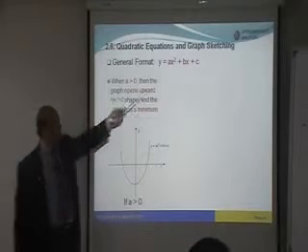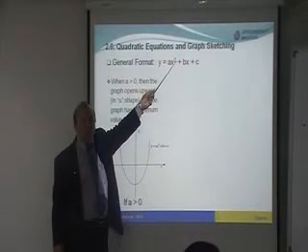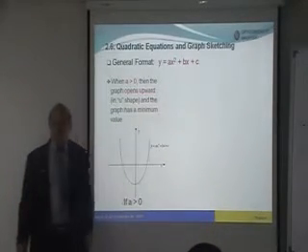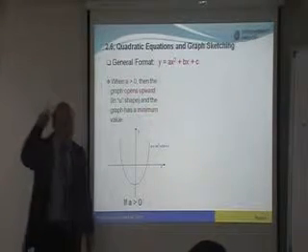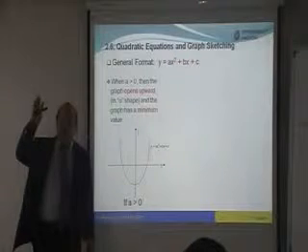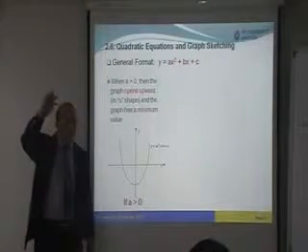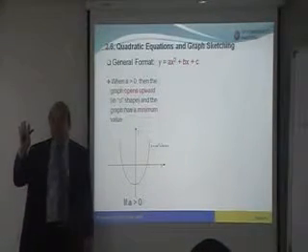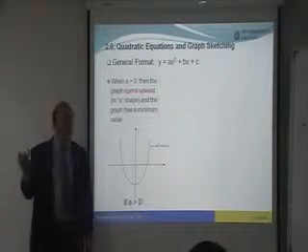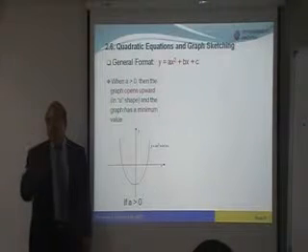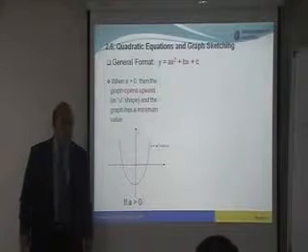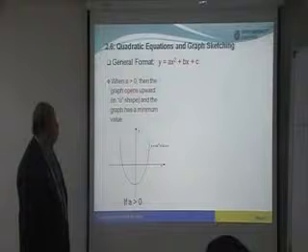Like you see x with a square or power 3, that means it's a curve. Quadratic refers to power 2. Understand? When we say quadratic, we refer to x power 2 only. So we don't want to answer question which has power 3, power 4, power 5. That one is not in our syllabus. Understand? We don't have to learn power 3, power 4 and so on.